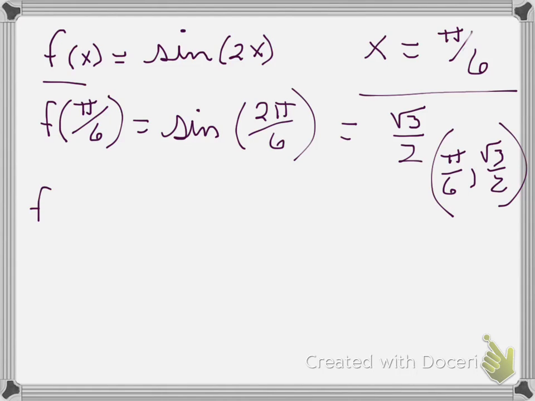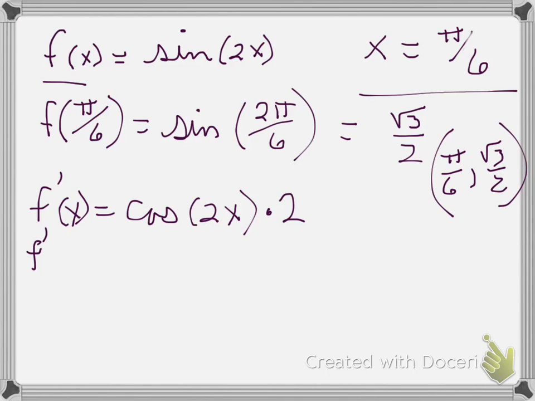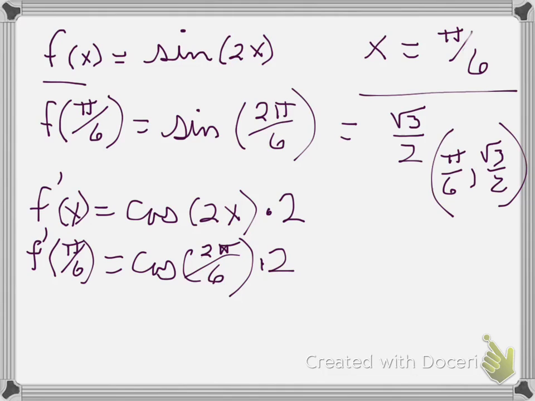Now what we need is a slope. F prime of x, the derivative of sine is cosine of 2x, times the derivative of 2x, which is 2. Well, f prime of pi over 6, if we want to think about that, is the cosine of 2 pi over 6 times 2.